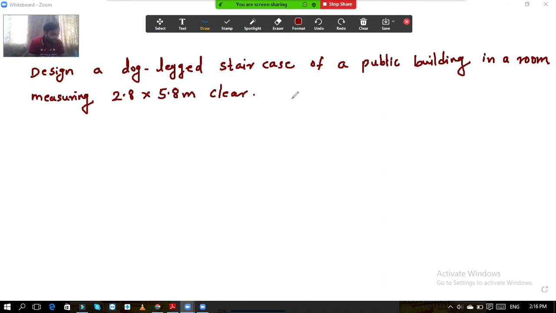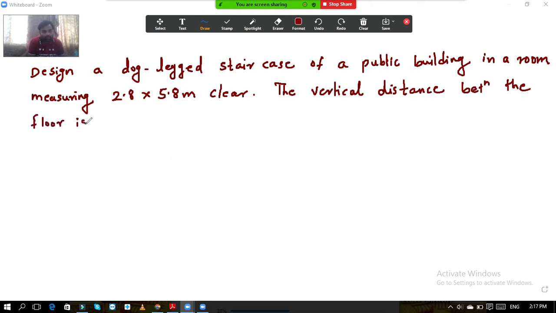The vertical distance between the floors is 3.6 meter.